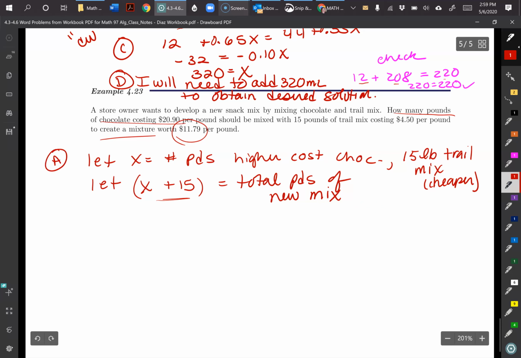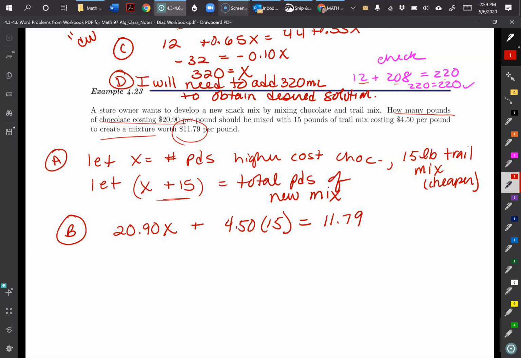So that's part A. Part B, now I'm going to set up my equations. I would have my value of the expensive one times X, which is my quantity, plus my value of the cheaper one times my quantity, which is 15, equals the value of my new mix, 11.79, times my pounds, which is X plus 15, because I set that out.